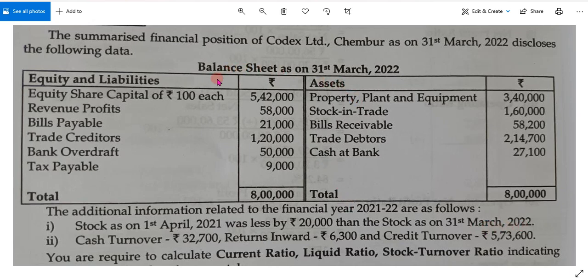So this is the balance sheet as on 31st March 2022. On the assets side there is stock in trade. The amount of stock in trade is 1,60,000. So this 1,60,000 is the closing stock. It is saying that 20,000 is less than this closing stock, so the remaining balance will be our opening stock.